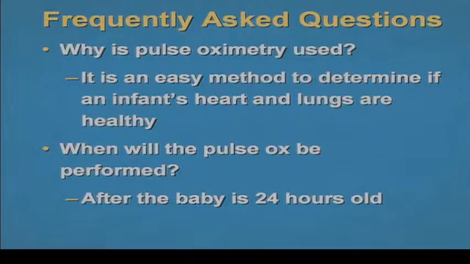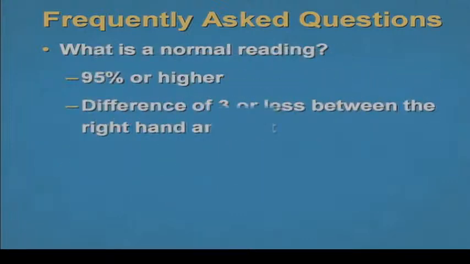And then again, when should it be performed? It's recommended that it be performed after the baby is 24 hours old. And so a normal reading again is an oxygen saturation of 95% or higher, and a difference of 3 or less between the right hand and foot.